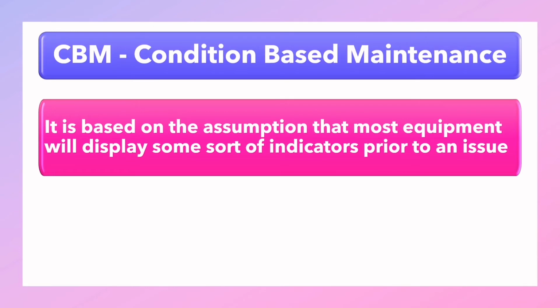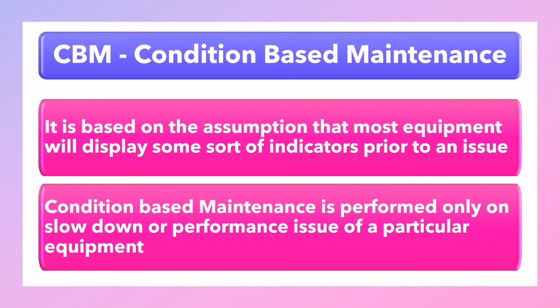It is based on the assumption that most equipment will display some sort of indicators prior to an issue. Condition based maintenance is performed only on slowdown or performance issue of a particular equipment.